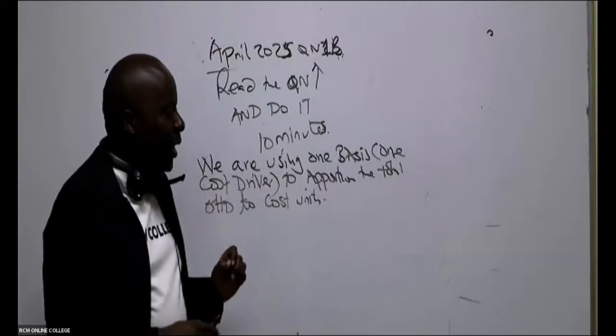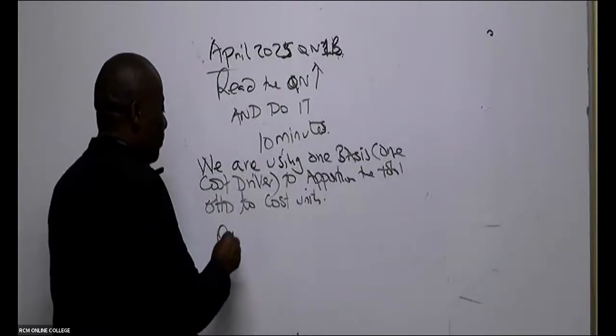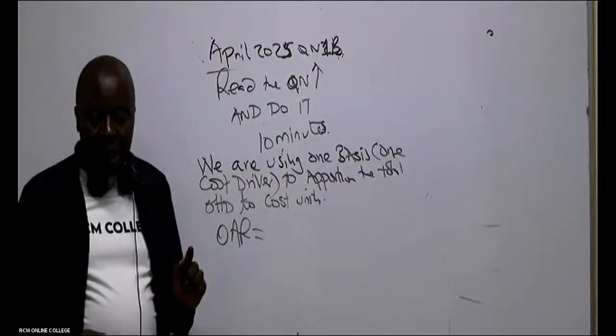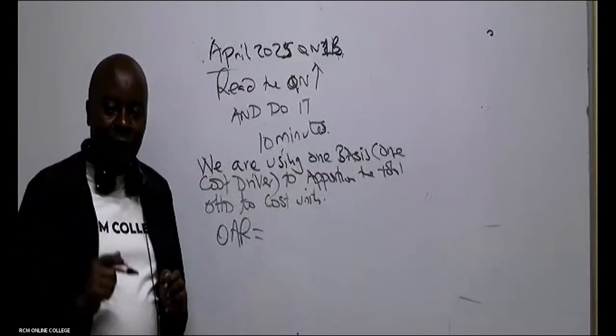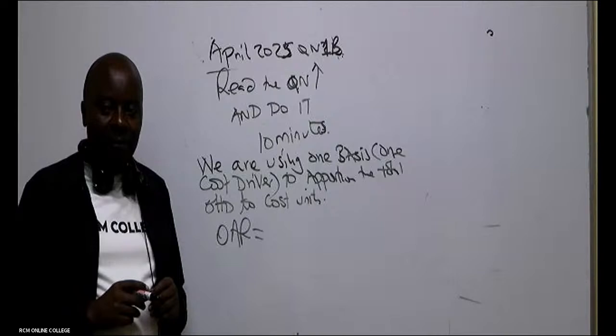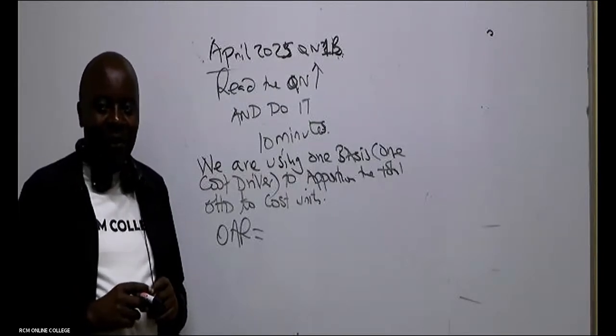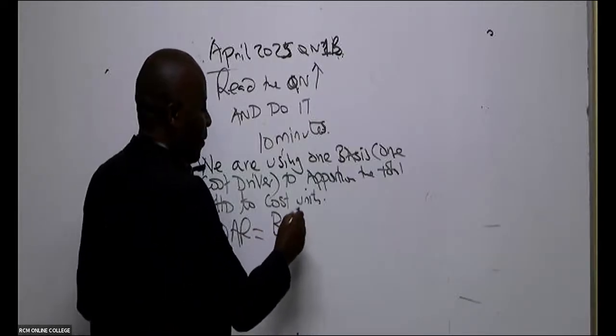And then in that case here, what shall we do? We shall come here and compute our OAR. OAR stands for overhead absorption rate. Is there somebody who is able to remember the formula of OAR? Yeah, we take the budgeted overheads, isn't it?